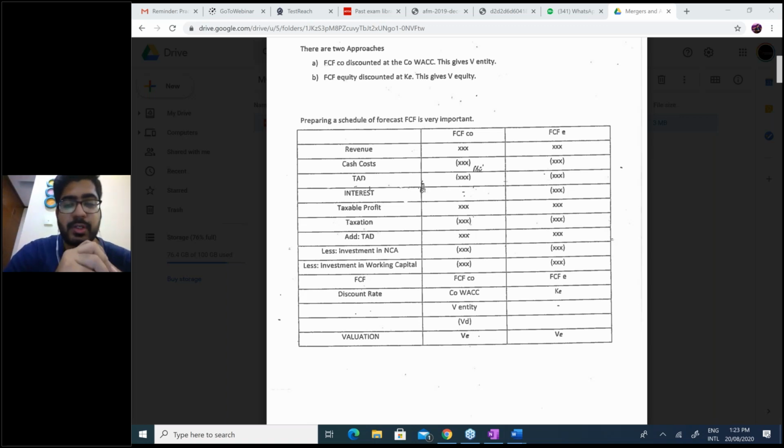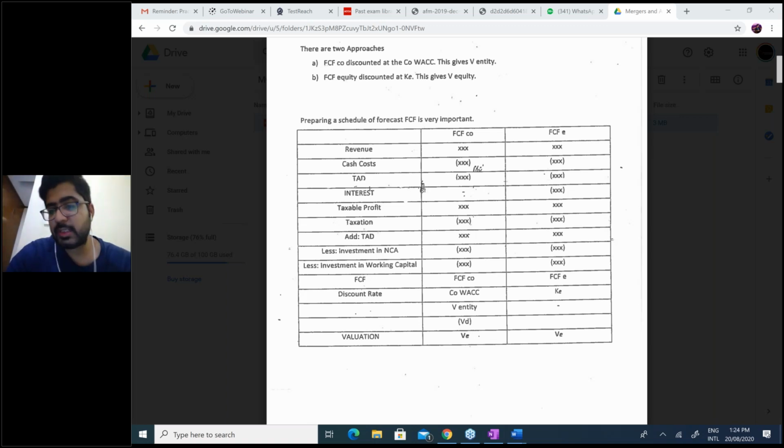Sometimes it doesn't mention, only says FCF method. You are worried which method to apply. It's very easy. If WACC is given, you can't apply FCF to equity. You have to apply FCF to company. Okay. But if you are given KE, WACC is not given, you can apply FCF to equity only.